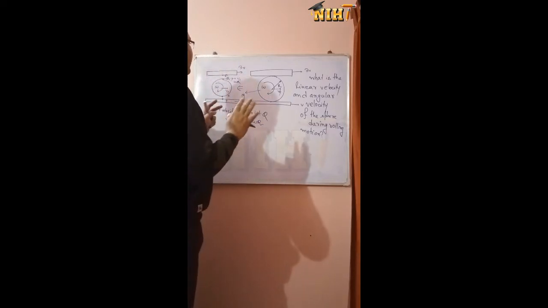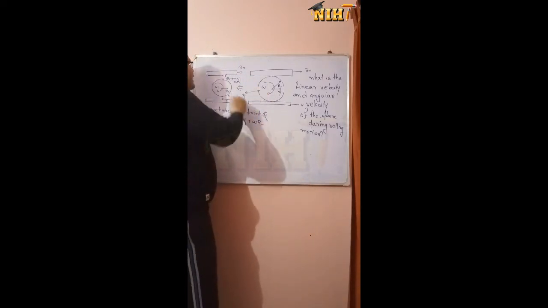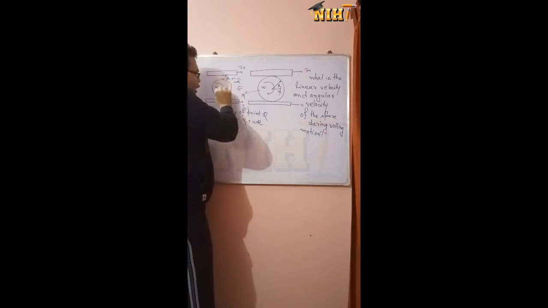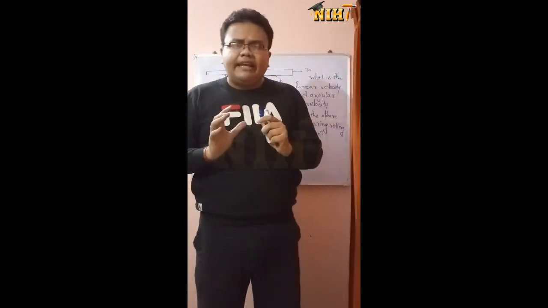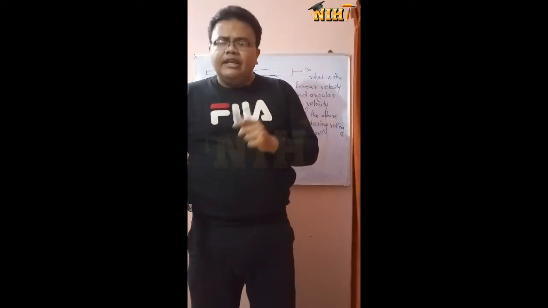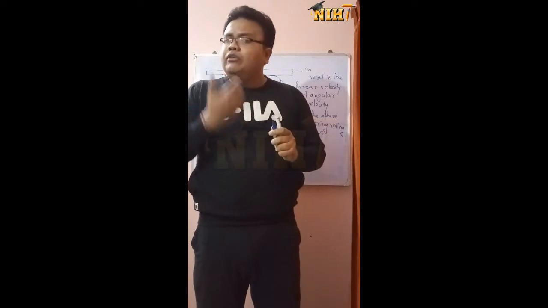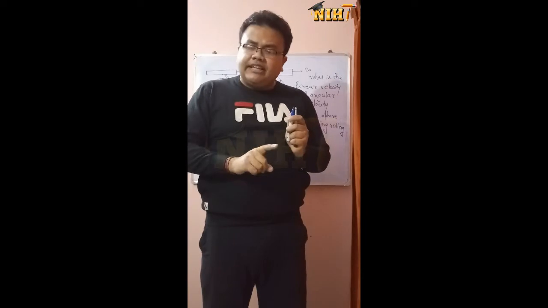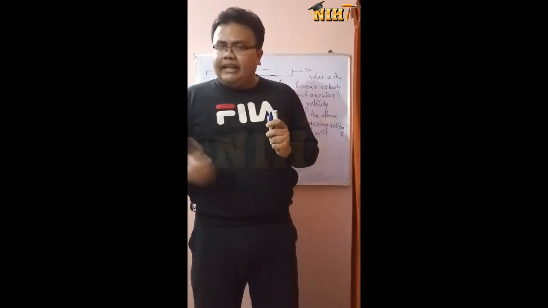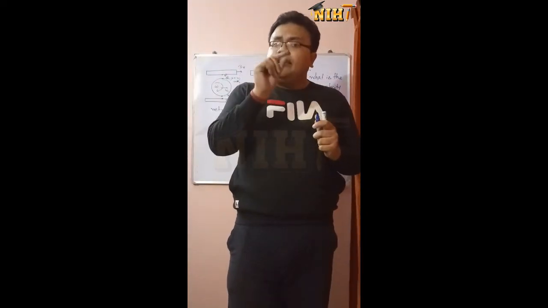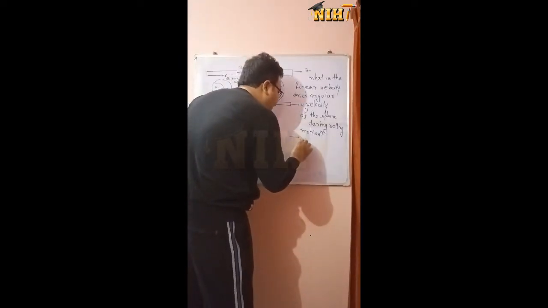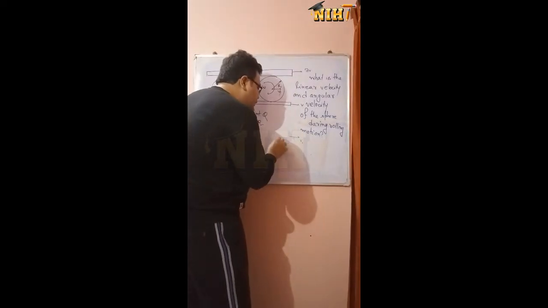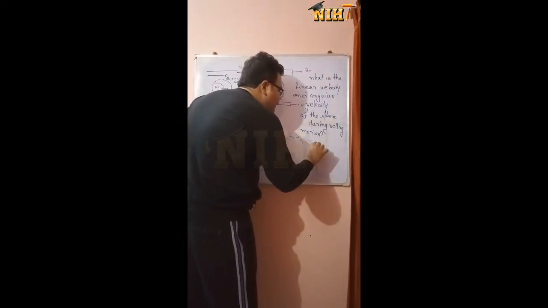I am taking v1 in this direction and omega in the clockwise direction. That doesn't mean that whatever direction I have taken will be the correct one. If it is not the correct direction, the answer will come out negative. So if I take this as positive, and the actual velocity is in the opposite direction, v1 will become a negative value.